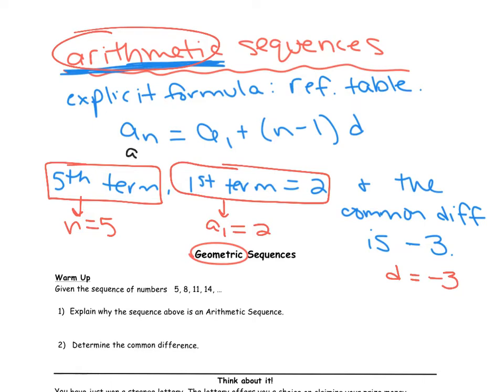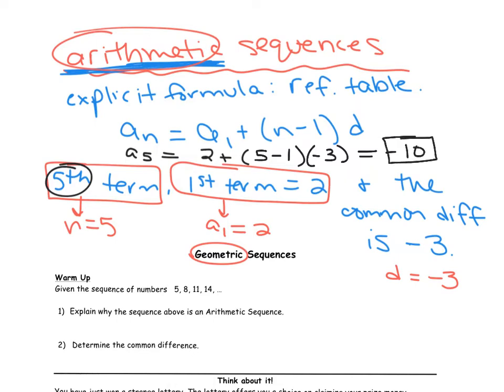So we'll have a sub 5, since we're finding the fifth term, is equal to 2 plus, plug in for n, which is 5 minus 1, times that common difference of negative 3. I'm just going to put that straight in the calculator, and you end up getting negative 10.